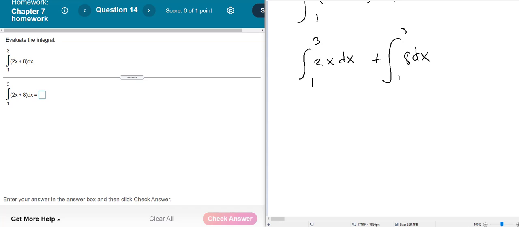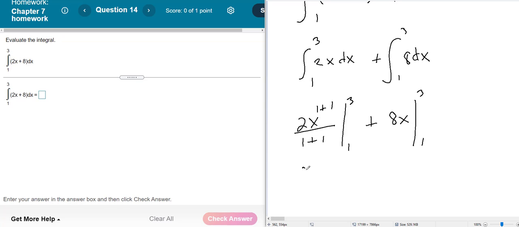So this first one would be 2x to the 1 plus 1 divided by 1 plus 1, evaluated from 1 to 3, and then 8x evaluated from 1 to 3. So that's going to be x squared, 1 to 3, plus 8x, 1 to 3.